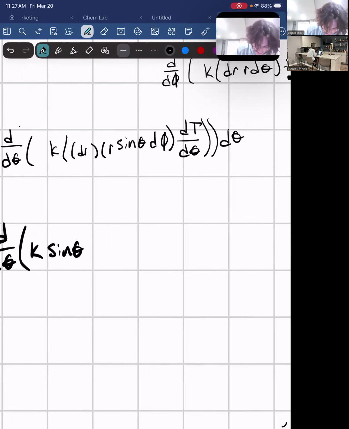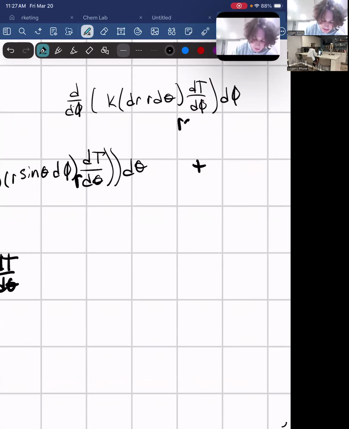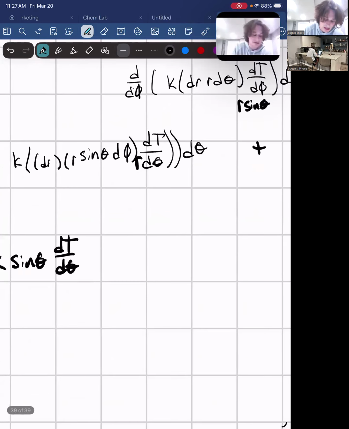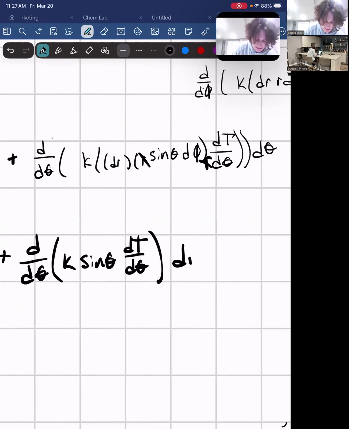And then dT/d theta. And actually, in this, we have to multiply by our r and then our r sine theta, right? Because that gets it into the correct units. So when we do that, we can cancel out our r's here, and that leaves dr d theta d phi.